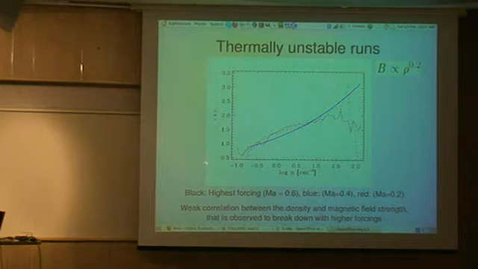So the correlation is much weaker. So thermal instability cannot really explain the tight correlations seen. And then, as you can see, with the highest forcings, the flux diagnostic starts showing a kind of detachment at the highest densities. So this correlation is really breaking down with higher forcings.